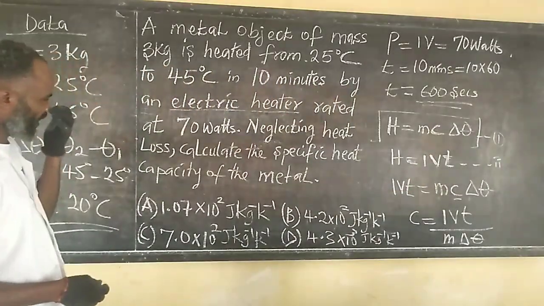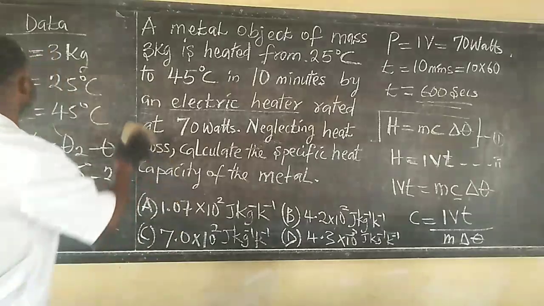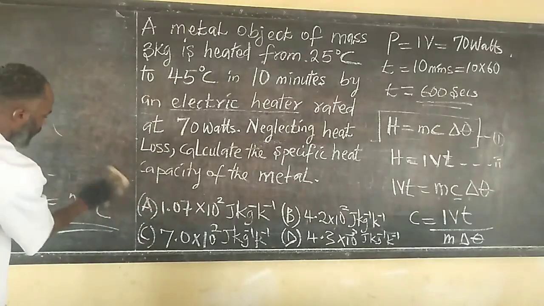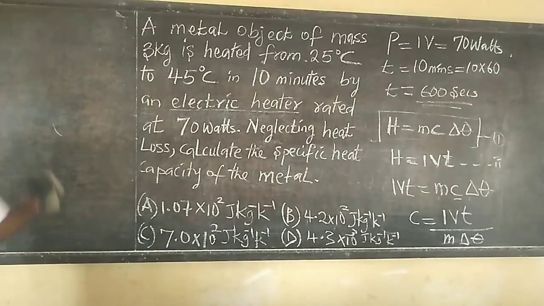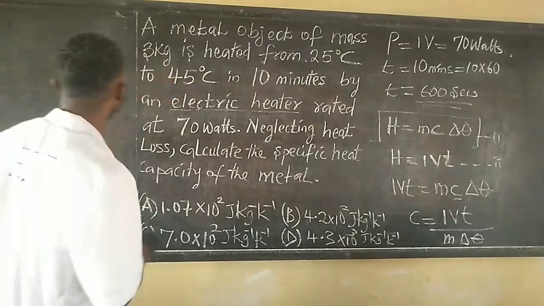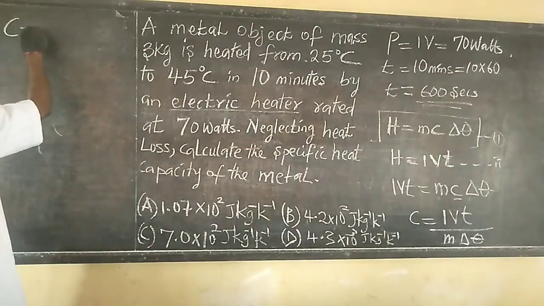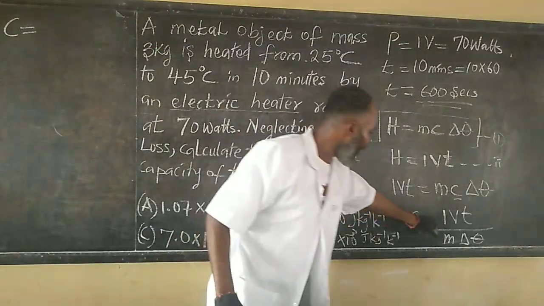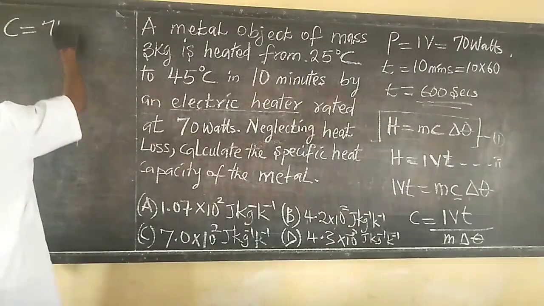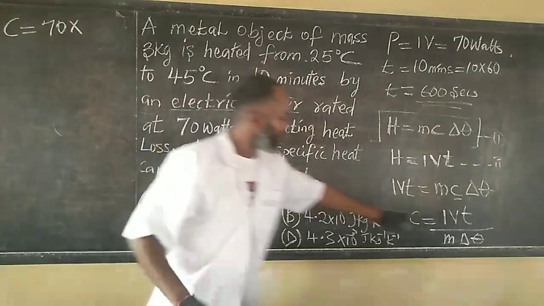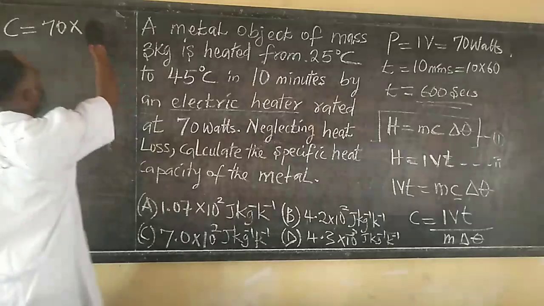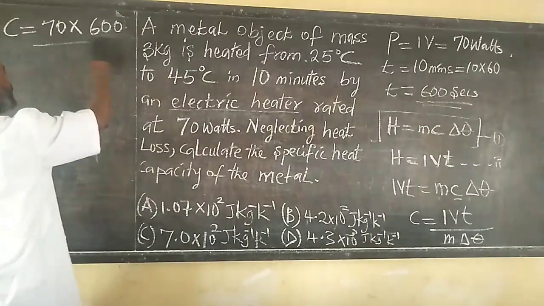The next thing we need to do is clear this and then substitute wisely. Let's see if any of the options holds. So in the place of C, I have this. IV is 70, so I have 70 there. And then T is 600 seconds, so I just have to put 600 seconds all over.